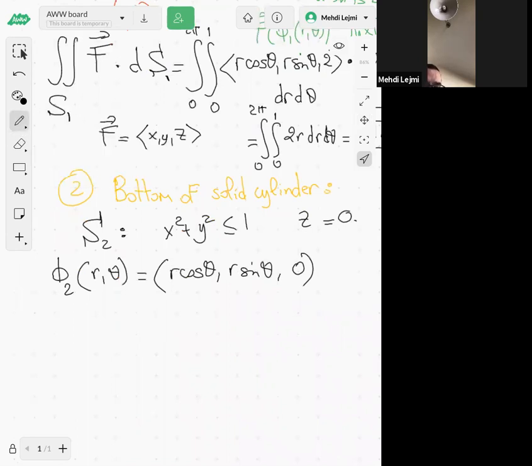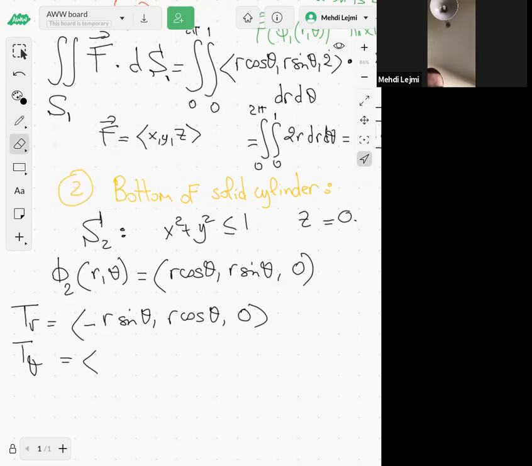And then of course, as usual, the normal vector. Oh, sorry, this is the derivative with respect to r here.